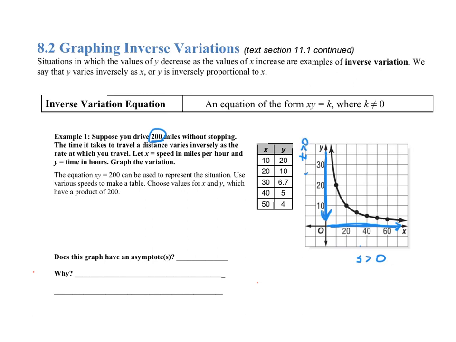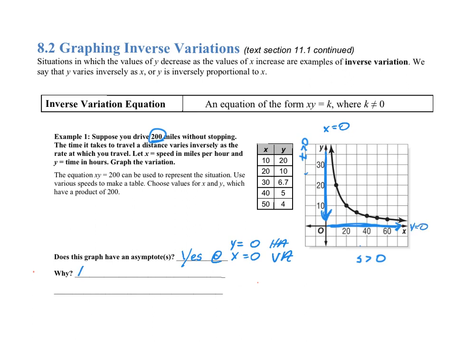So does this graph have an asymptote? Yes, it does. At x is equal to 0, we've got a vertical asymptote. And at y is equal to 0, we've got a horizontal asymptote.